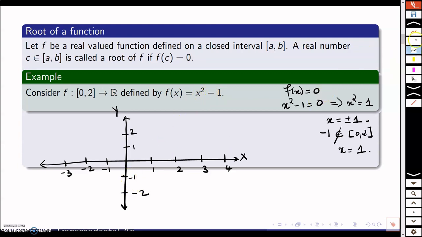I'll put that in a different color, let's say red. So I'm here at x equal to 0. At x equal to 1, f of x will be 1 square, that is 1 minus 1, that's 0. So the function will be here. And at x equal to 2, it will be 2 square, that is 4 minus 1, and that is 3. Supposing I have 3 here. So at x equal to 2, it will be somewhere here, more or less. This graph is not exact. I'm just drawing a rough sketch to give you an idea how the graph will look. So the graph will be somewhat like this.